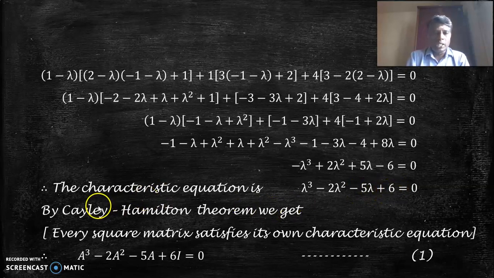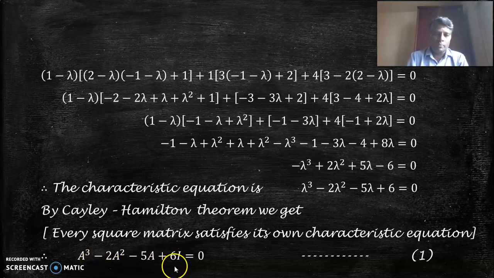By using the Cayley-Hamilton theorem, every square matrix satisfies its own characteristic equation. For that purpose, we replace lambda by A. So we write A cube minus 2A square minus 5A plus 6, where 6 means 6 into the unit matrix.